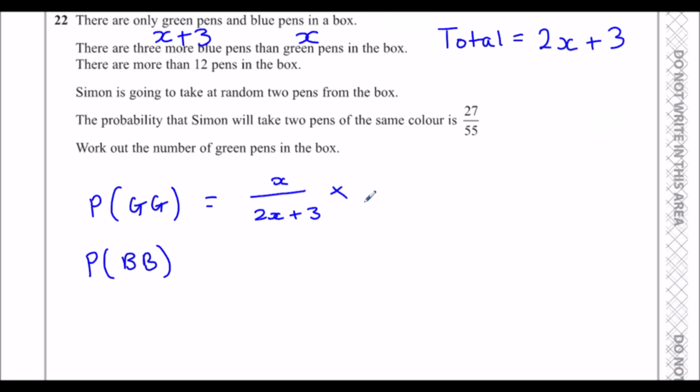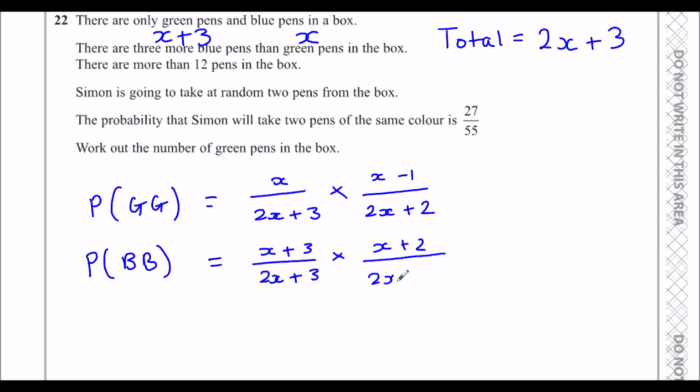And for the second pen, we're removing a pen. So 1 less green and 1 less in total. So x minus 1 over 2x plus 2. And for blue then blue, there were x plus 3 to start with, out of 2x plus 3 in total. And if I removed 1, it will be x plus 2 over 2x plus 2.